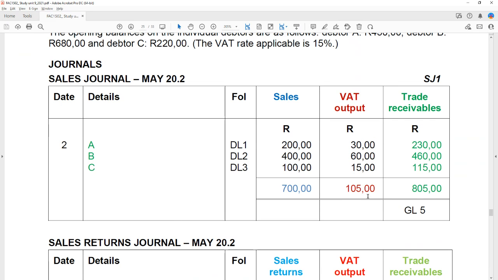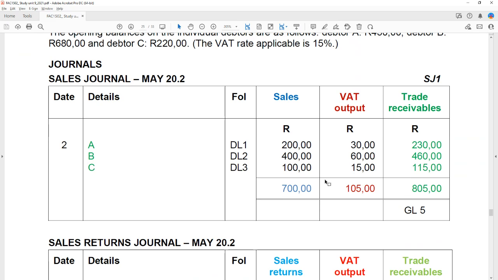Here we have our trade receivables of 805, which is our sales of 700 plus our 105 Rand VAT output, because our debtors owe us this 805. So when they pay us, they must pay us the 805.